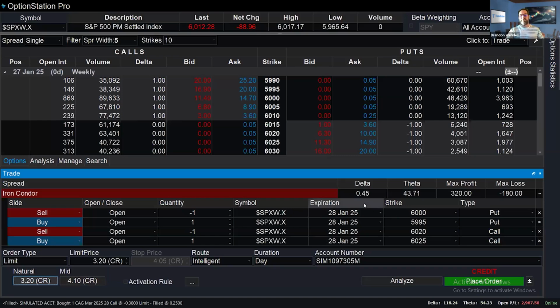So as long as you can get in before 2:30 p.m., you still have a chance of getting 30 to maybe 40 cents of premium. Doesn't seem like a lot, but when you do that over and over and over again, it actually adds up. And if you figure, I typically do 5-point spreads. Okay, so I've been showing you 5-point spreads. 6,020, 6,025, 5 points between the two strikes.